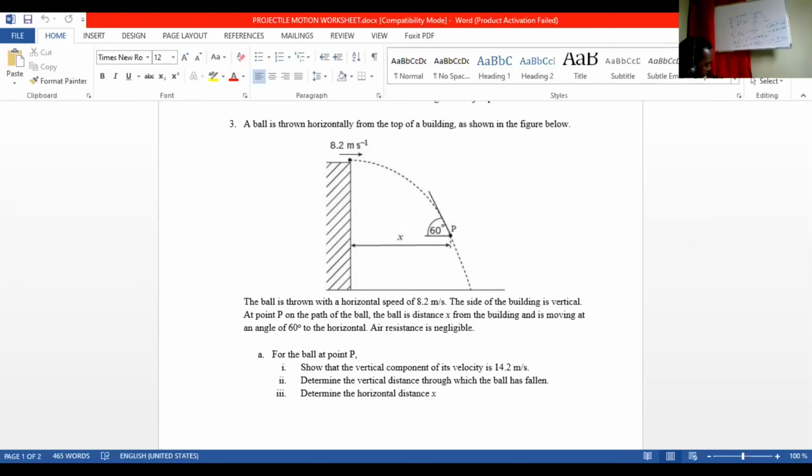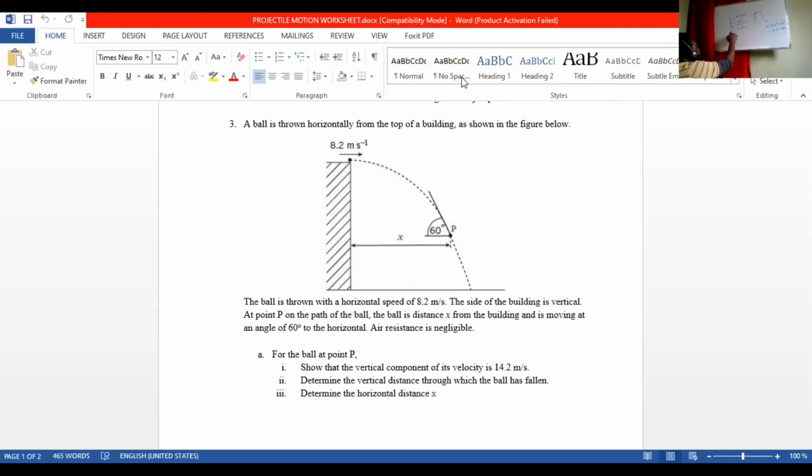All right, so the next part is to find the horizontal distance x. Anyone remember the answer that was here? No one remember the answer just given? Because we're going to need it. 10.29. Okay, so y is 10.29.